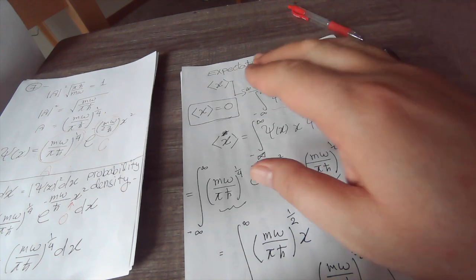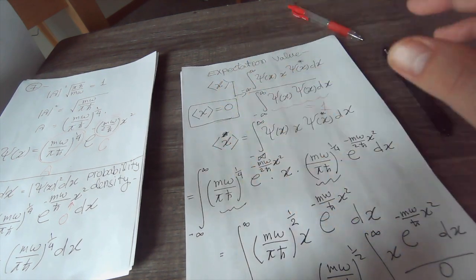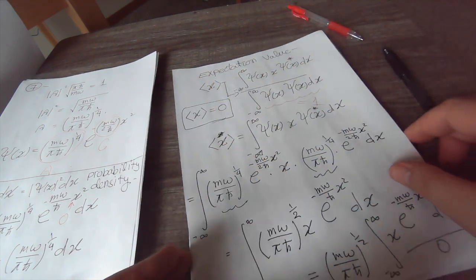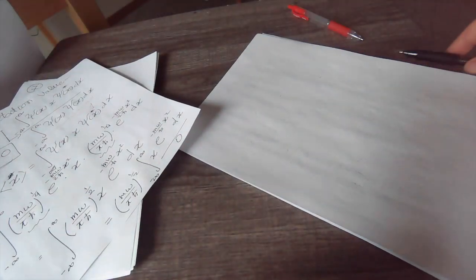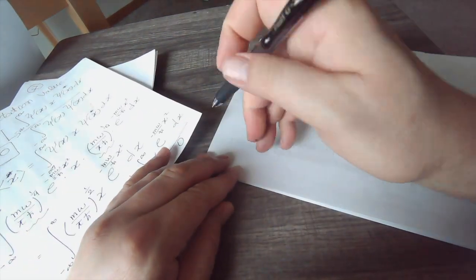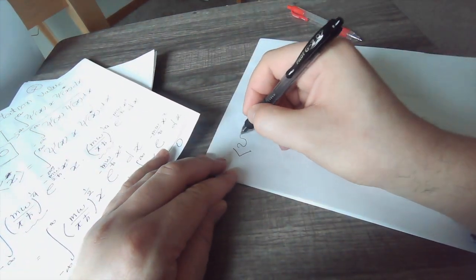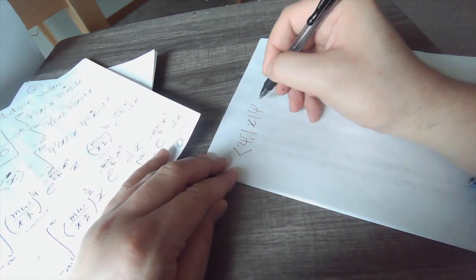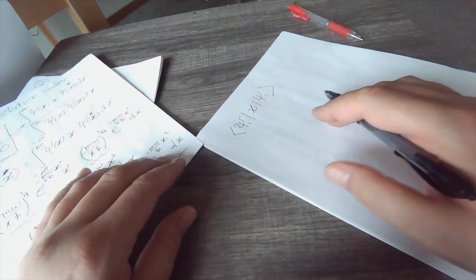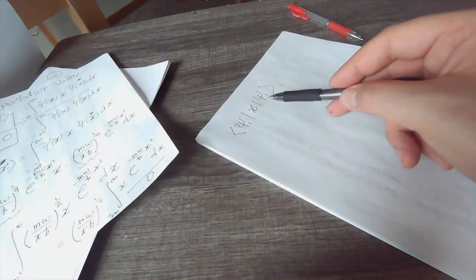When we study the Dirac notation, the story will be different, and we will deal with, for example, psi 1 x psi 1. So we will study something like this, guys.